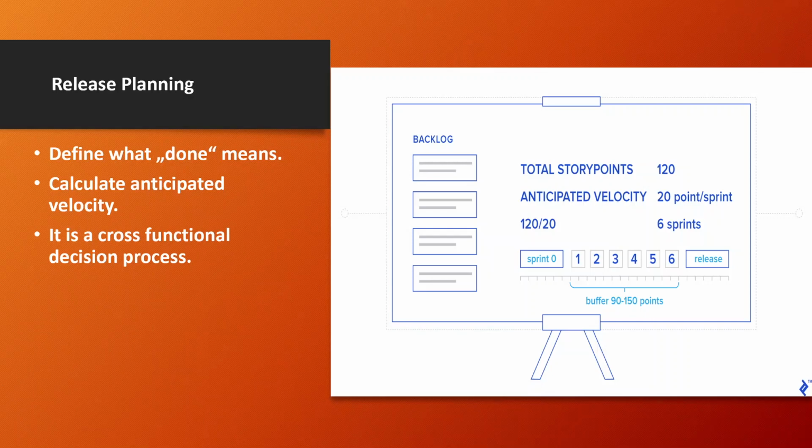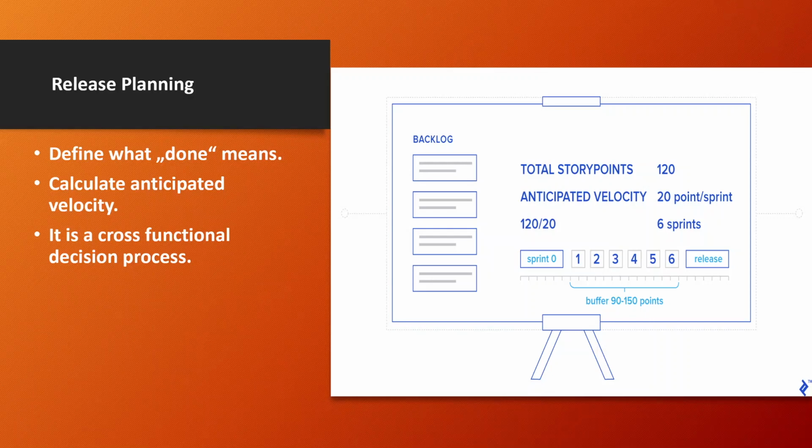And what we need to do when specifying this is calculate the anticipated velocity. So it's basically taking the total number of story points from the sizing of our backlog and then dividing that by our team's anticipated velocity.